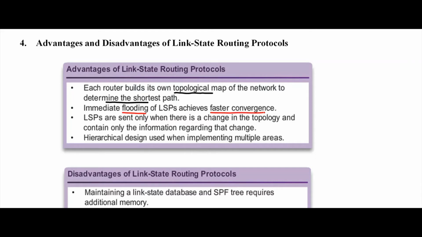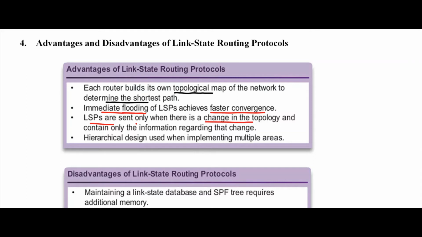Then LSPs are sent only when there is a change in the topology diagram. The first time they will do flooding and LSPs will be exchanged. After that, there is no need to exchange anything if the topology is working. Suppose there is any change in the topology, if a network is not working, some power failure or any issue happens, then only they will send the LSP again.